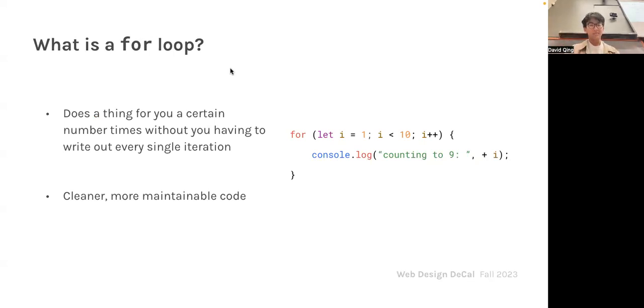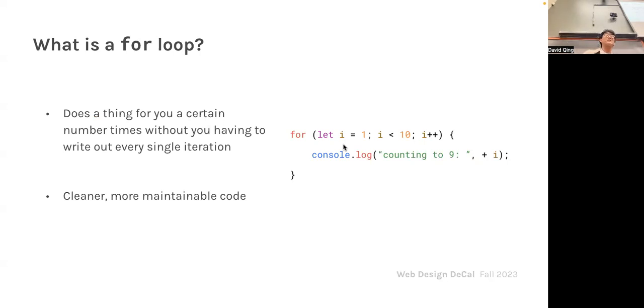In this example, we have a for loop with let i equal to 1, with a semicolon after. And it says i is less than 10, with a semicolon after that, and i plus plus.